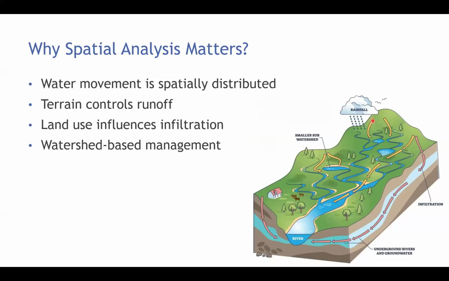In hydrology, you are basically trying to study the movement of water on the surface, subsurface, and in the atmosphere. This water movement is spatially distributed. Then again, how quickly the water moves is dependent on the terrain and the vegetation.